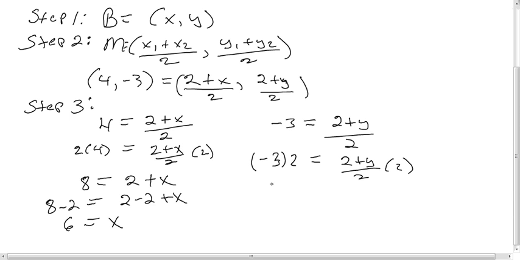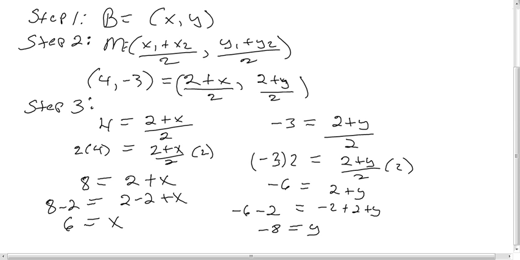This gives us -6 on the left side, and when we cross out, 2 plus y. We need to isolate y, so let's subtract 2: 2 plus y minus 2 is equal to -6 minus 2. -6 plus -2 gives us -8, and 2 plus -2 leaves just y.